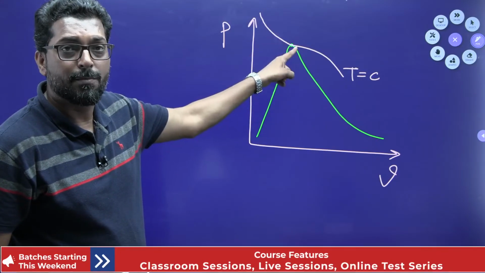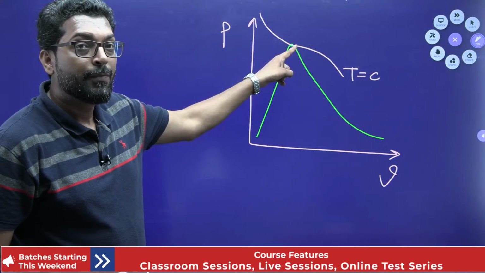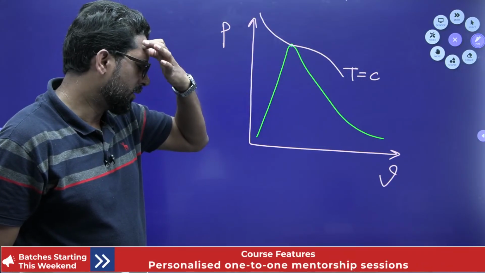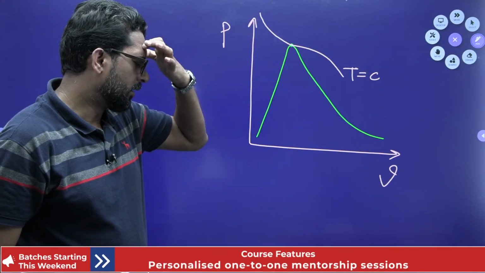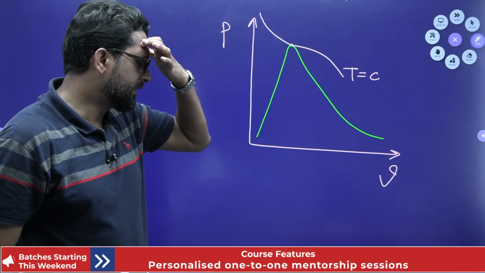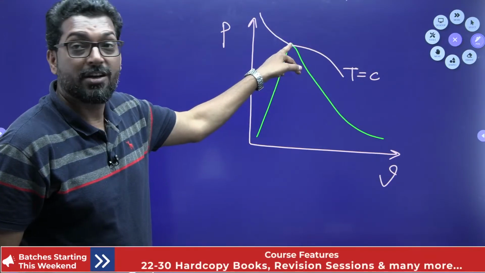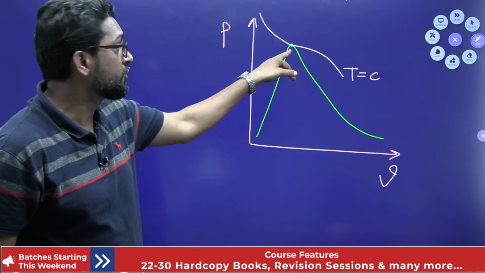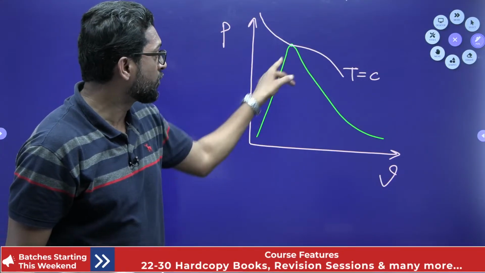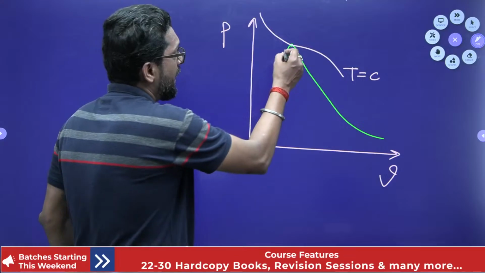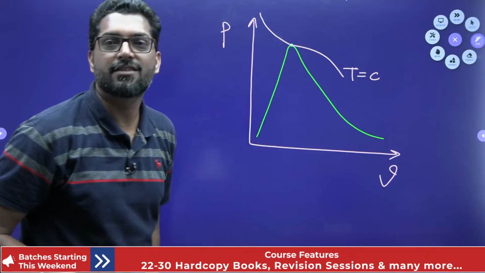Is it a maximum or minimum? No. The double differentiation must be 0 and the single differentiation must be 0. It is not a maximum or minimum point for this point, but for this graph it is a minimum. That means at this point, this is an inflection point.